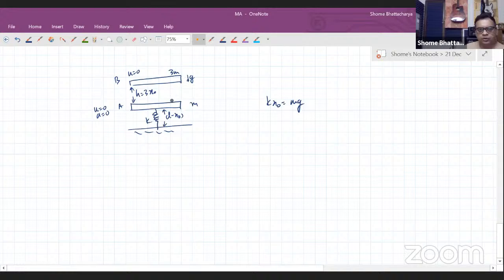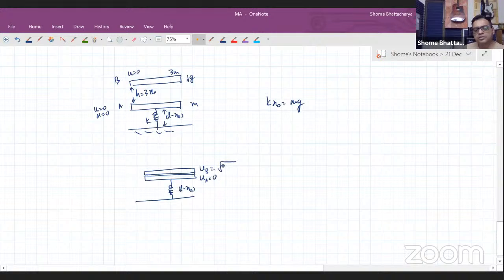For this you need to understand first of all, Ganesh, that when plate B collides with A, after the impact, what will be the system's momentum and the system's energy? This we need to calculate. Just before impact, the velocity of A is 0 and that of B is root 6g x naught.